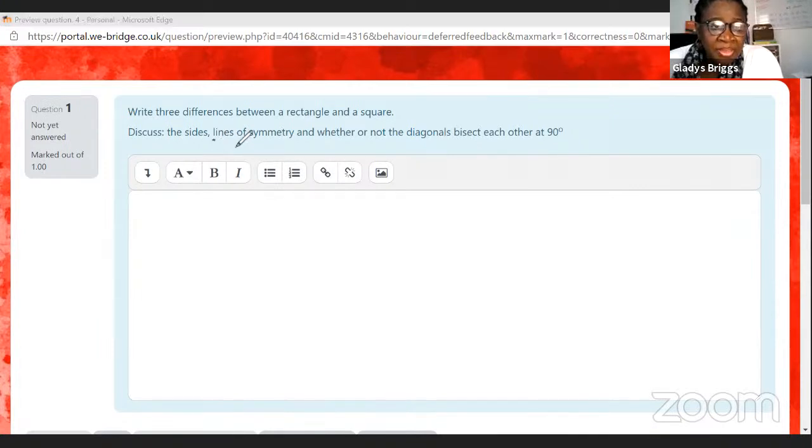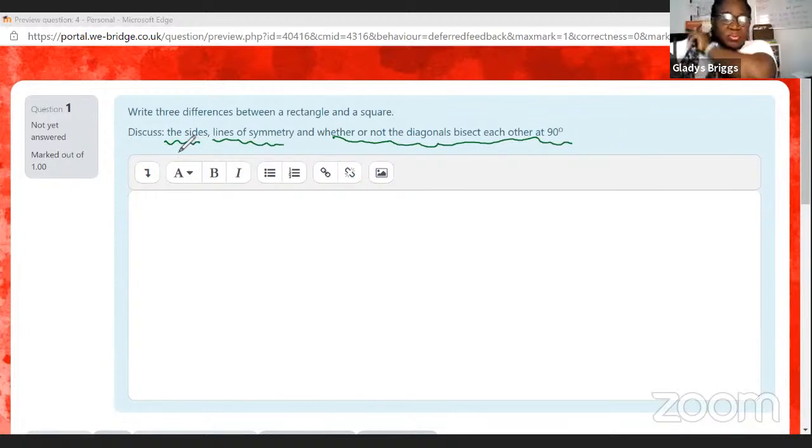You need to talk about the lines of symmetry. You need to talk about whether the diagonals bisect each other at 90 degrees. You need to discuss the sides, how many sides they have, and whether they are equal or parallel opposite sides.